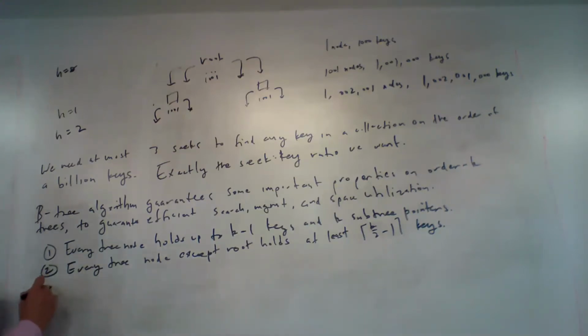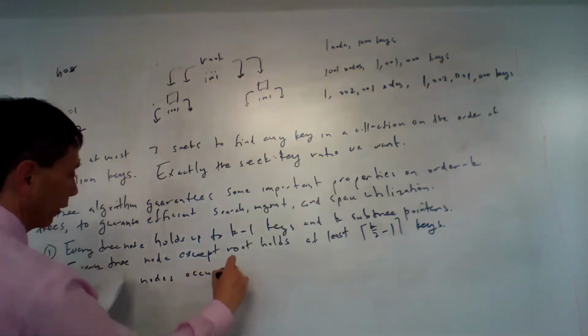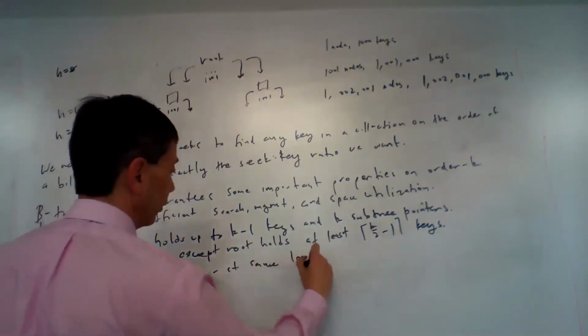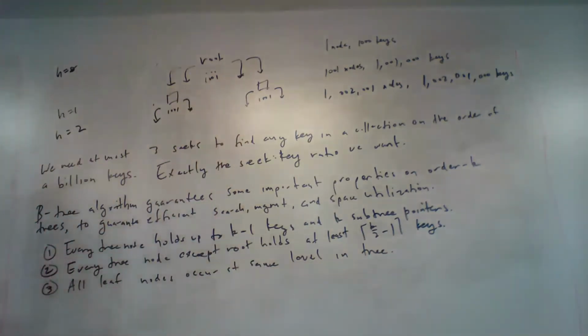Number 3 is that all leaf nodes occur at the same level in the tree. And again, that's intuitive, right? Because we do the split, promote, split, promote. We're building bottom up. We always start at the bottom level, and only when that bottom level is completely full do we start promoting to the next level above it, and only when that level is completely full do we start promoting to the next level above that.